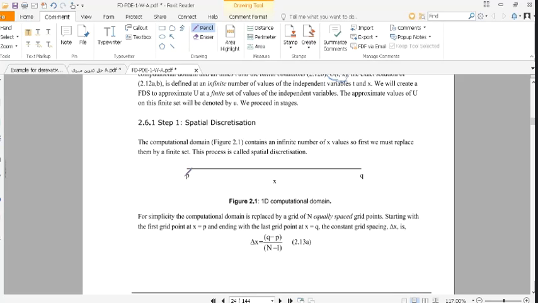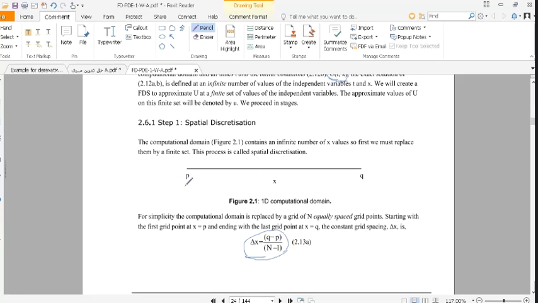For example, we want to put n points in the interval P to Q. In this case, delta x equals q minus p over n minus 1.